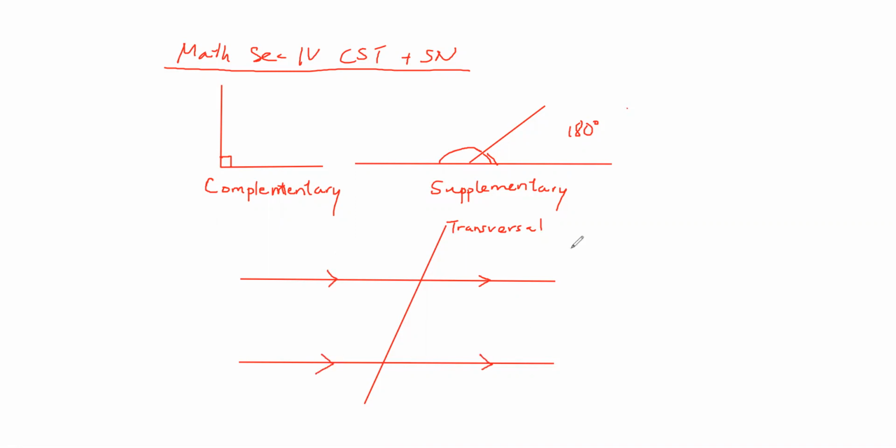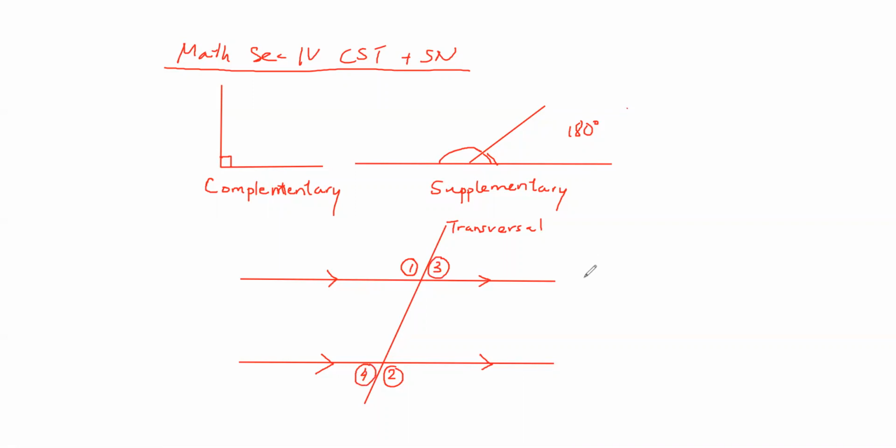So the first type of angle I'd like to talk to you guys about are these angles right here. I'm going to label this angle 1, and this angle 2. I'm also going to label this angle 3, and this one right here, angle 4.